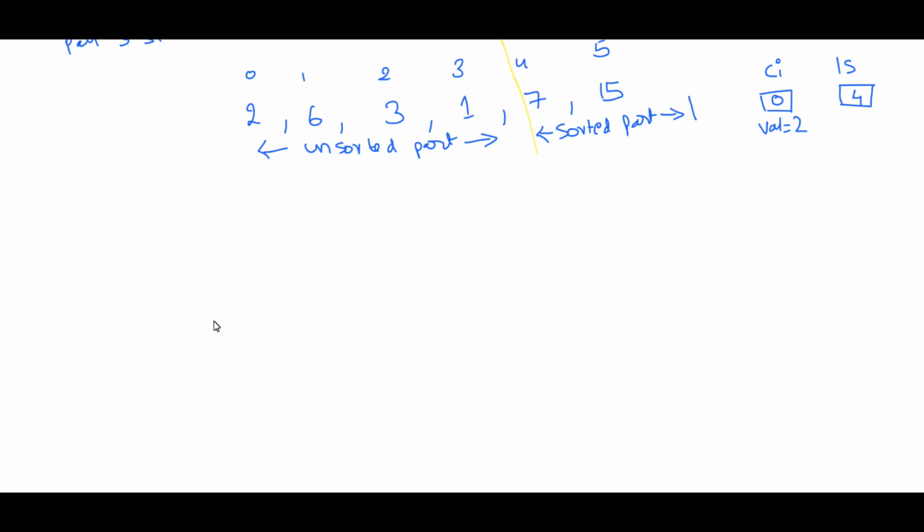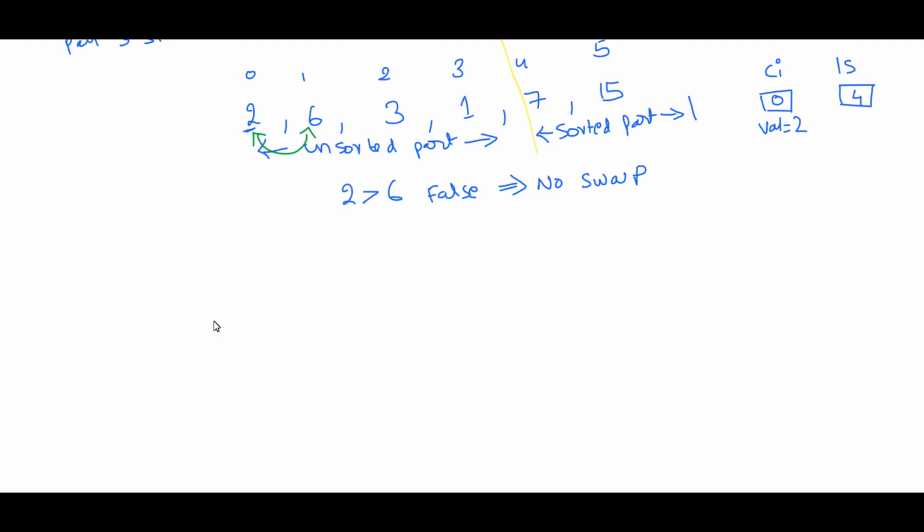So we're going to compare 2 with 6. Since 2 is greater than 6 is false, which means we have no swap.